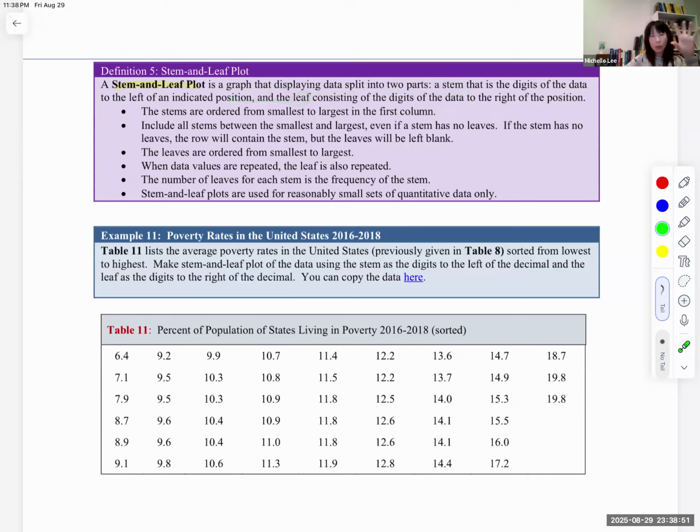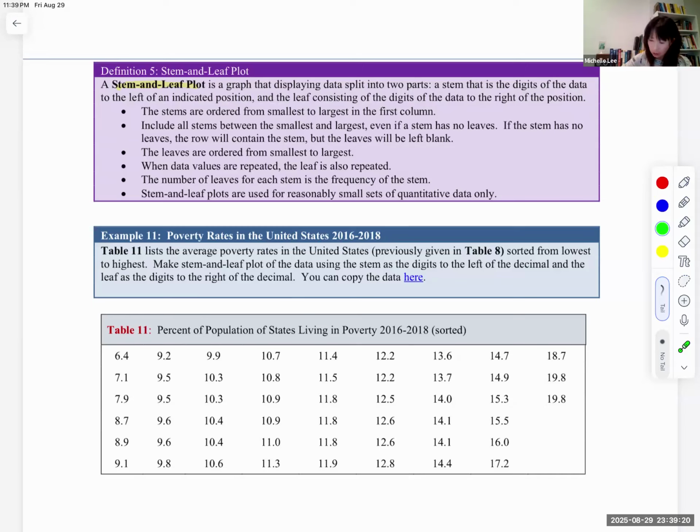Then what is a stem? The stem is the digit of the data to the left of the indicated position, and the leaf consists of the digit of data to the right of the position. Basically, the leaf is the rightmost digit and the stem is what is left over.